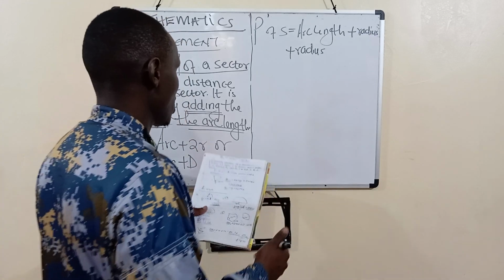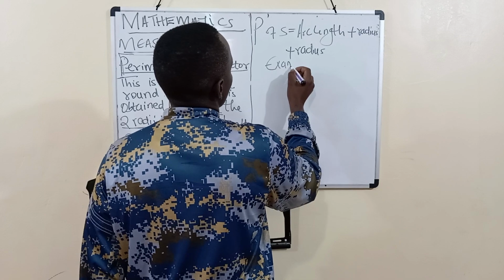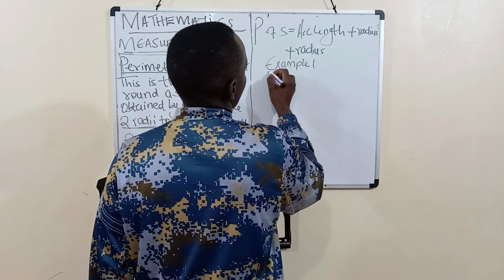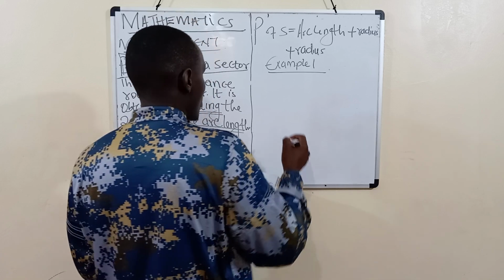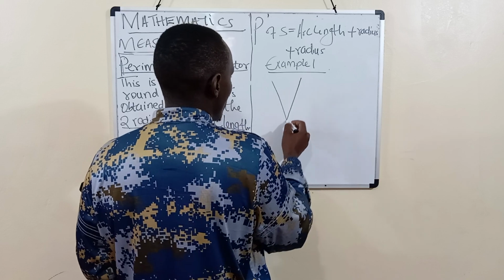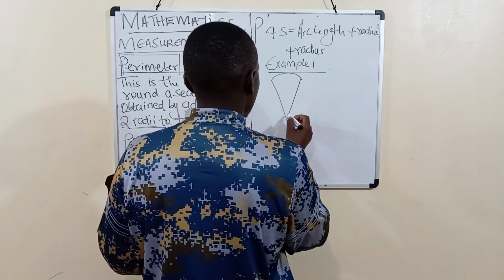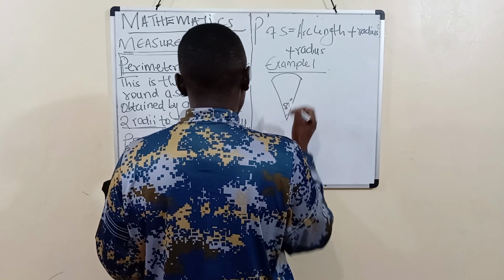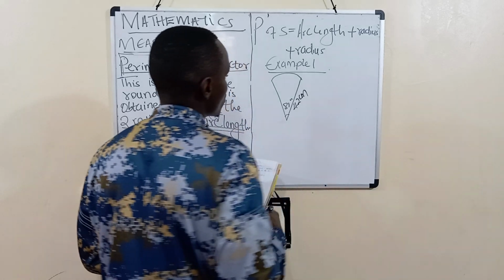Let us have an example. Example 1. Let us have our example of a sector. This one is 81 degrees, and this one is 42 centimeters.